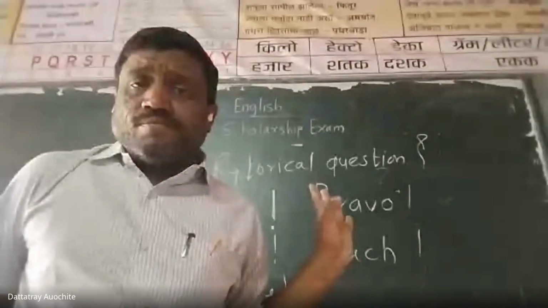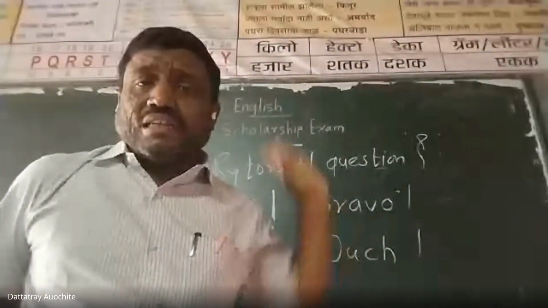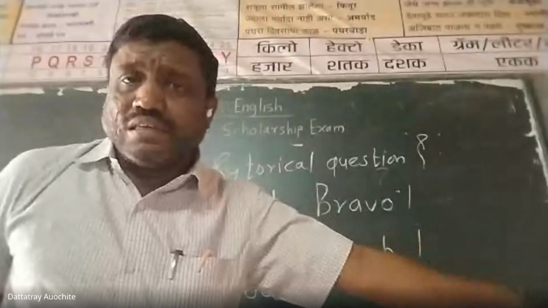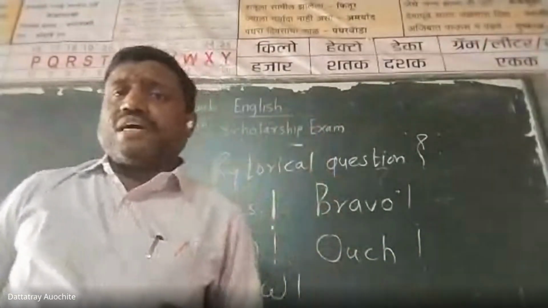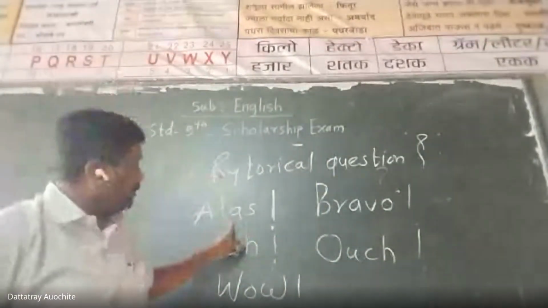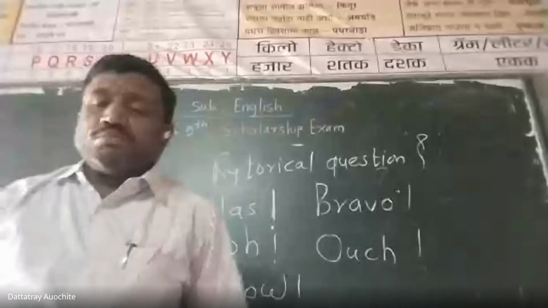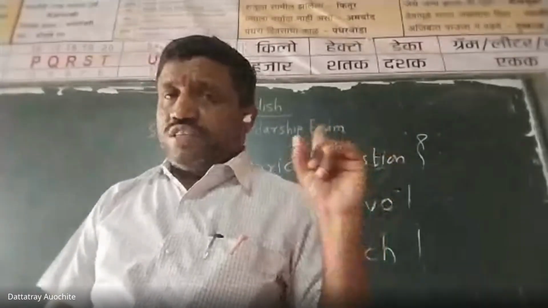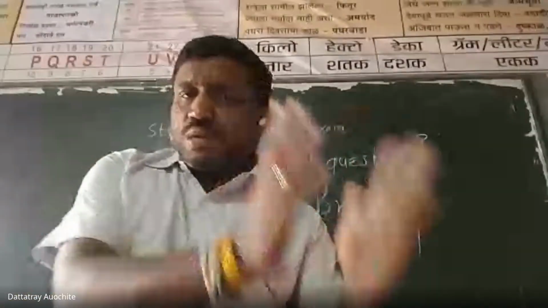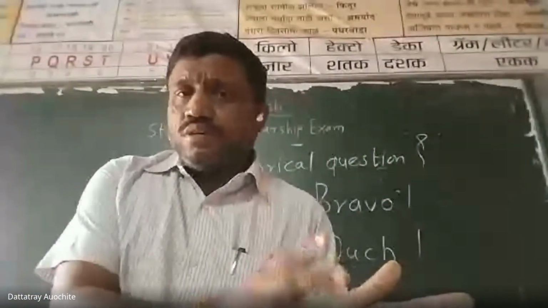So if such words are there in our sentence, in writing, after completion of the word, we should add an exclamation mark. So the first guideline is: after exclamatory words.